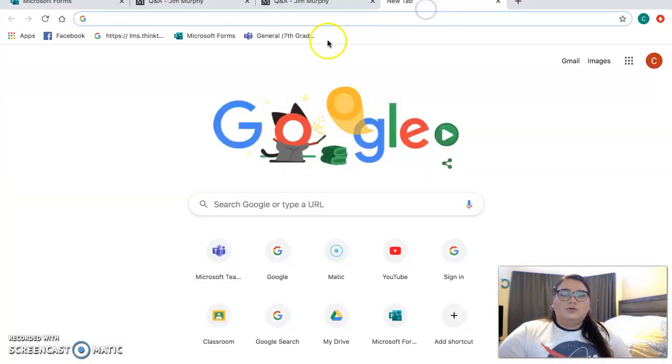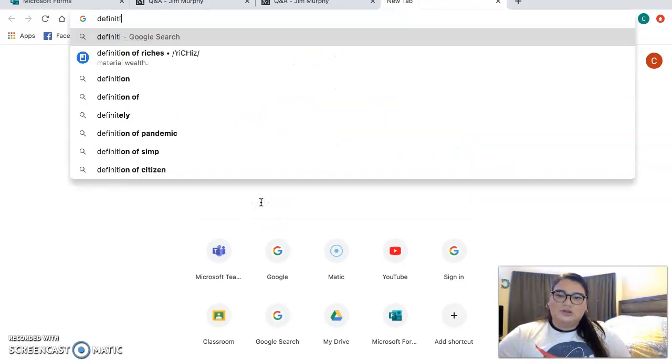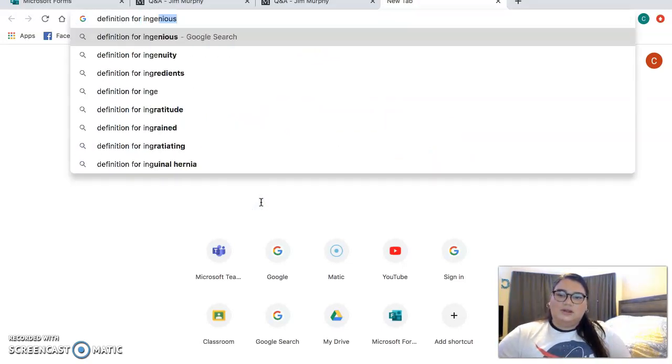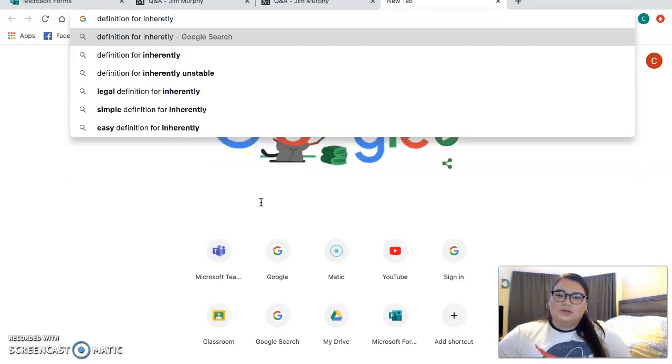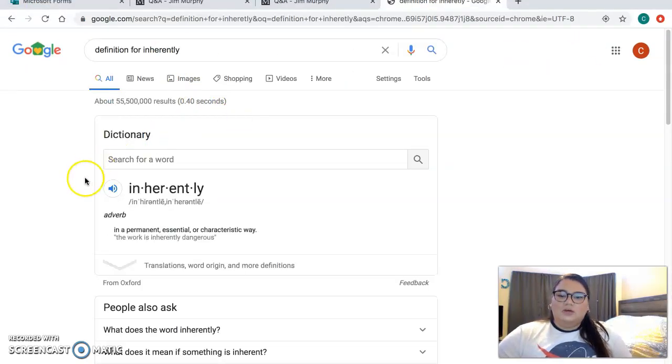So you would go to Google, look up the definition for inherently. Oops, I spelled it wrong. Okay, and then here it says, in a permanent, essential, or characteristic way.